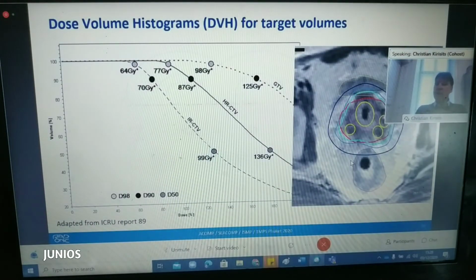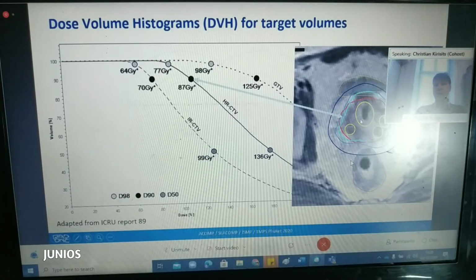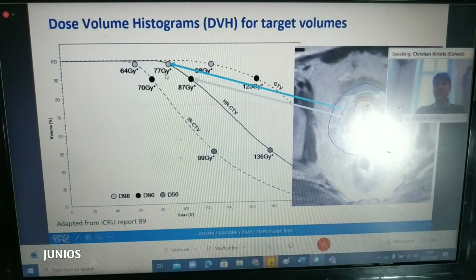We also, in daily clinical practice, have looked mainly at D90. So in the dose volume histogram, D90 is the isodose which covers 90% of our red CTV, but this is not sufficient. We should also take into account the minimum dose, and this minimum dose is the D98. So we also look at the D98 to avoid underdosage.